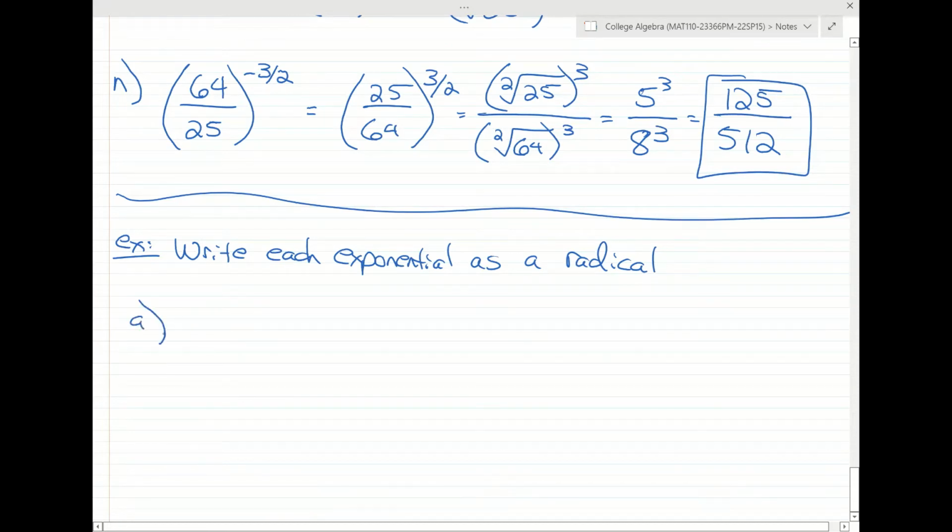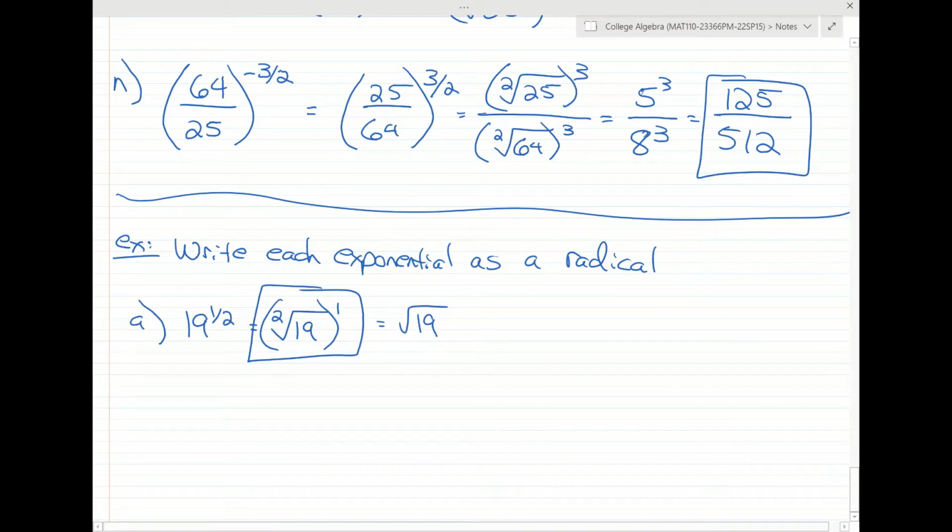So if we had 19 to the 1/2, this just means the second root of 19 to the first. Or most people would just write the square root of 19. That's fine. The 1 is assumed and the 2 is assumed.